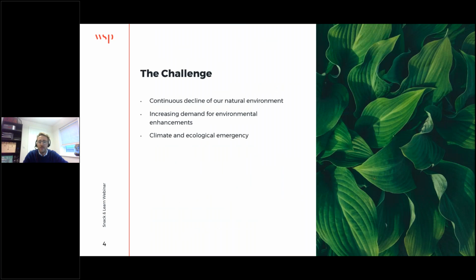So a bit about the challenge. Why should we be concerned about enhancing natural capital alongside biodiversity? Well, economic development over the last decades has had many benefits, but has also led to a continuous decline of our natural environment and the benefits it provides. Nature is a valuable asset, our natural capital.